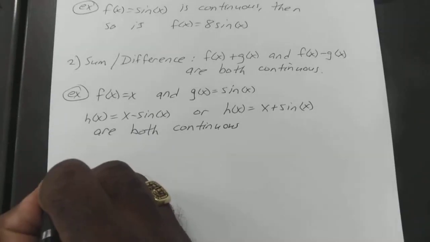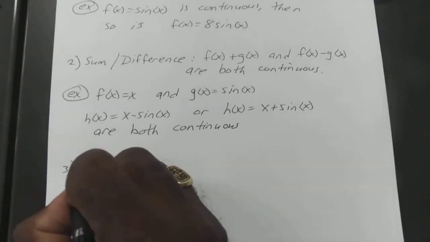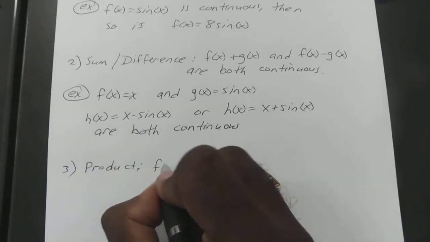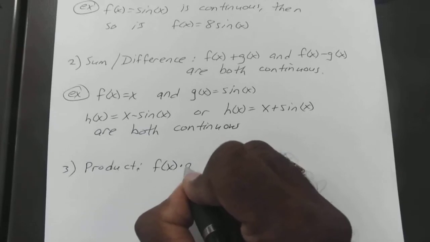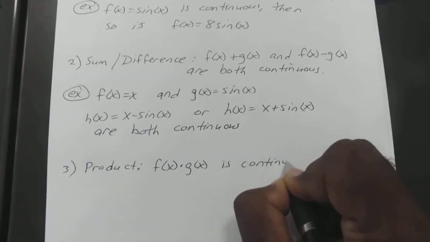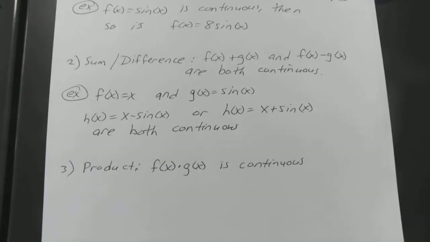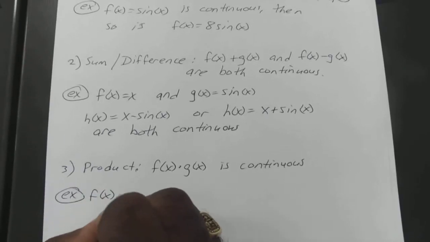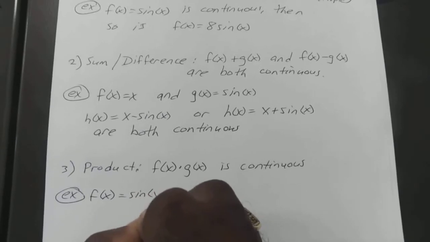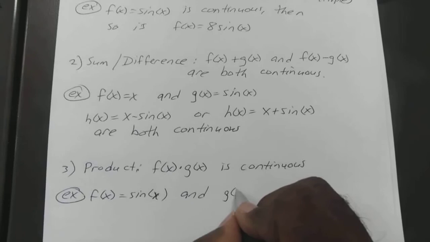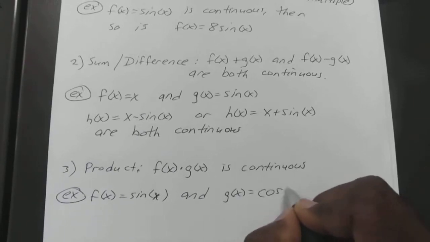Okay, and the third is the product of the two. So f of x times g of x is continuous. For example, let's say f of x equals sine of x, and g of x equals cosine of x.